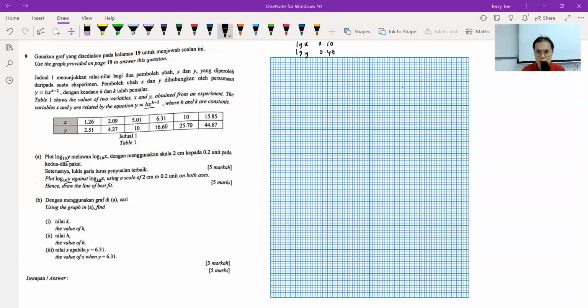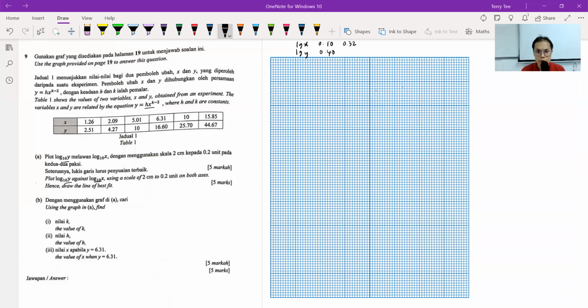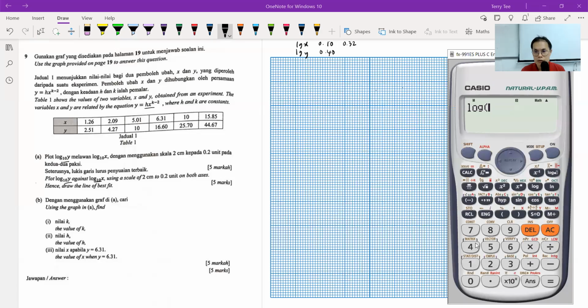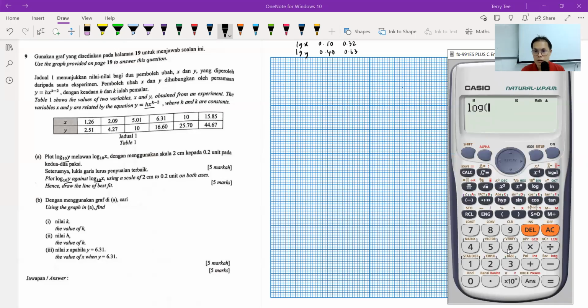Then let's continue. Log 2.09, 0.32. And for your y, log 4.27, 0.63. The next one, log 5.01, you will get 0.70.